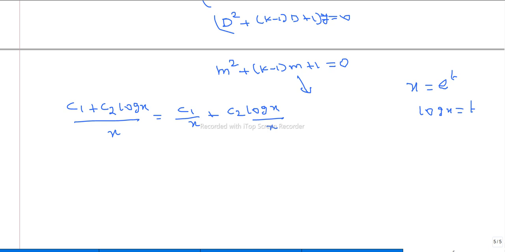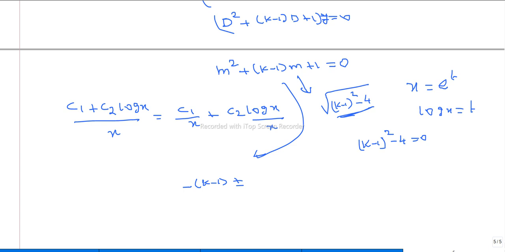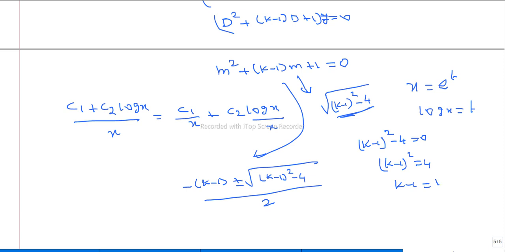If you write the formula, minus b plus or minus square root of b square minus 4ac by 2a, where b is k minus 1, so the discriminant should be 0 here. Therefore, (k minus 1) whole square minus 4 equal to 0, so (k minus 1) square is 4, therefore k minus 1 is plus or minus 2. Therefore, what is k? Minus 1 and then 3.